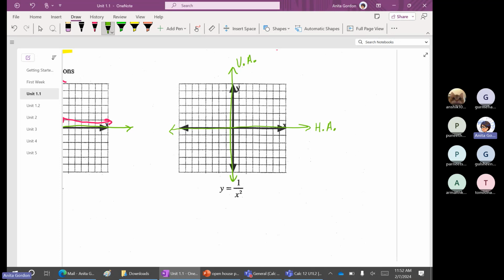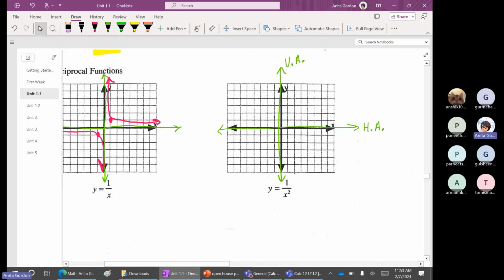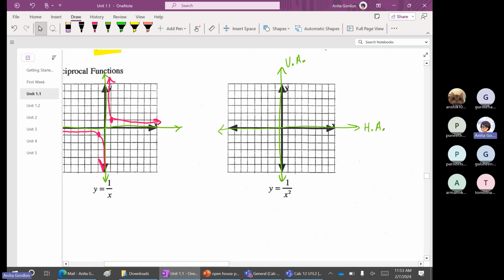Okay, what would be key points here? Yes. Okay. So my right side would look similar to the original, 1, 1, right? But it would be steeper, right? I can't do it right now because my graph is small, but it would be steeper. 1 over 2 squared would be 1/4 instead of 1/2.